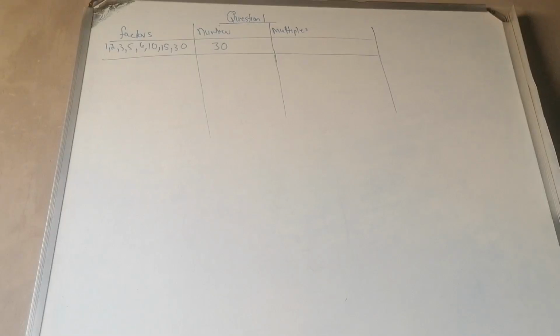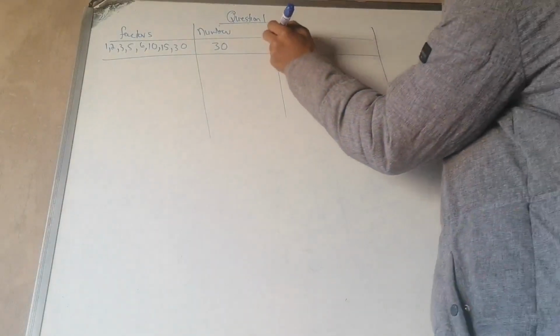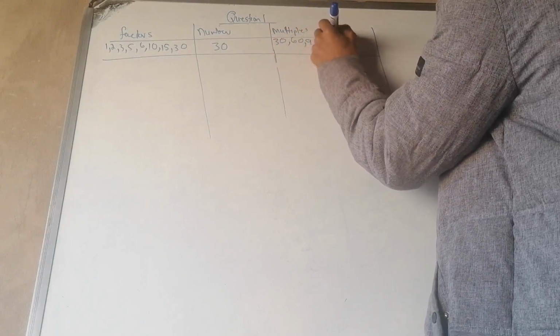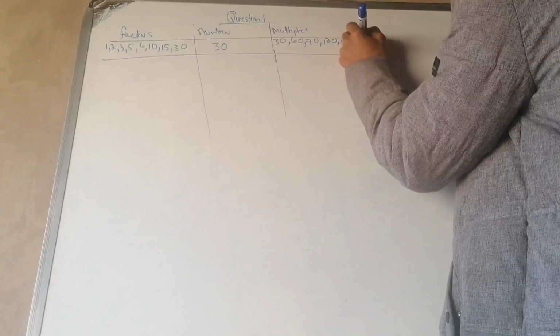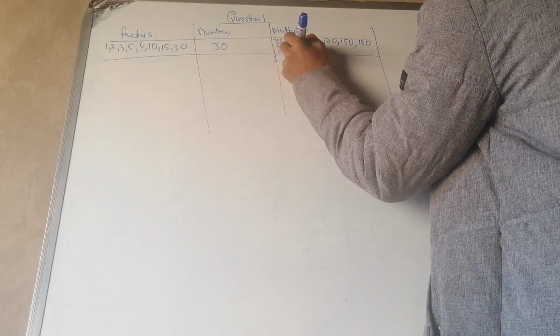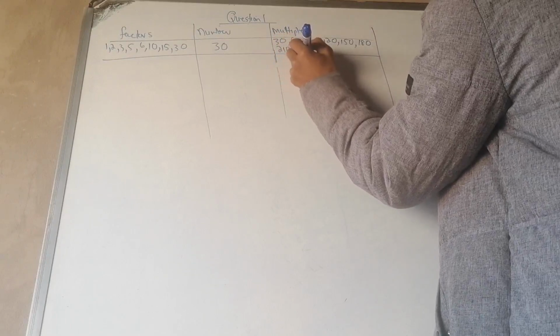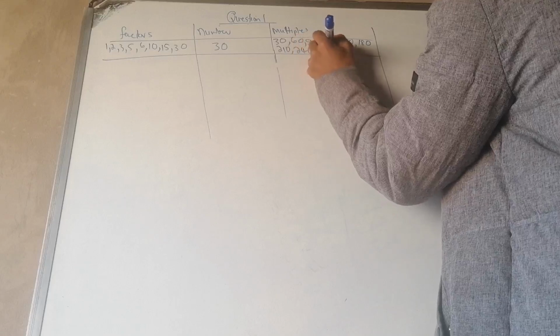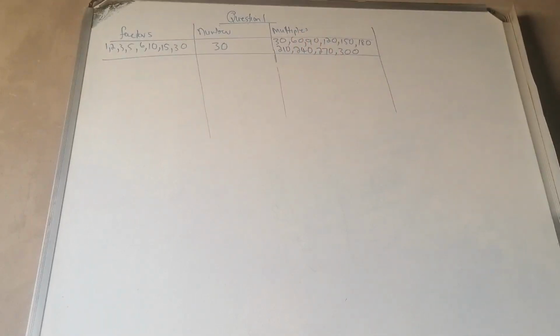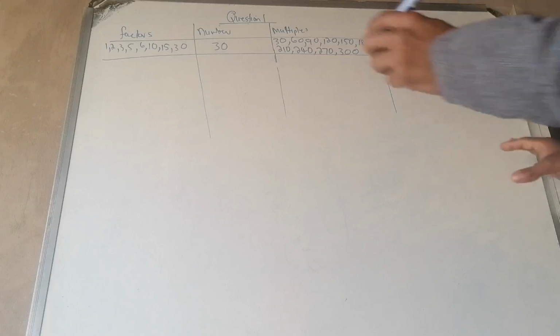Remember the multiples: 30, 60, 90, 120, 150, 180, 210, 240, 270, 300.